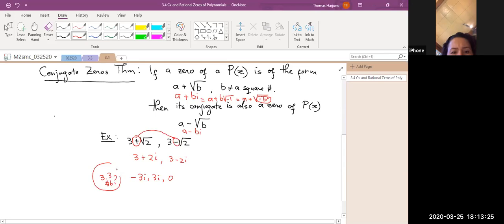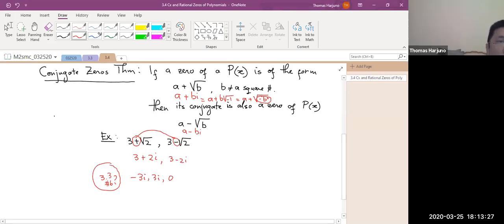I don't remember. Okay, now I want you to notice that negative 3i and 3i are conjugate to each other. That's 0 minus 3i. Once 0 minus 3i is a zero, then 0 plus 3i must also be a zero. Buy one, get one free.